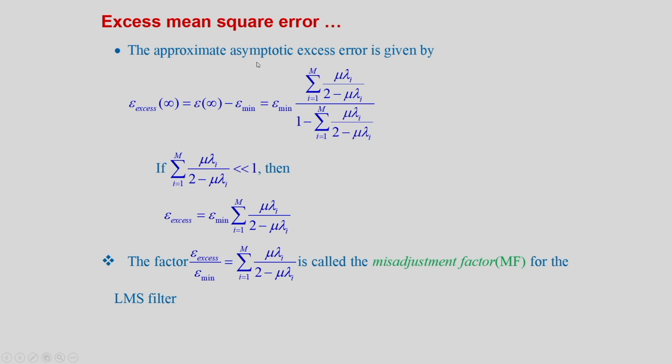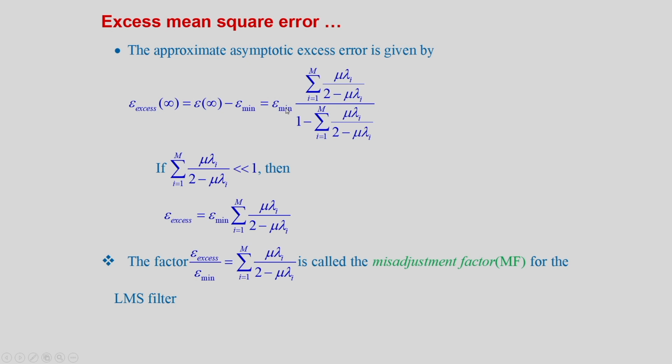Now, we can find out the approximate value of the excess mean square error, that is epsilon excess infinity, the excess mean square error at convergence, which is equal to epsilon infinity, the mean square error, minus the Wiener mean square error.